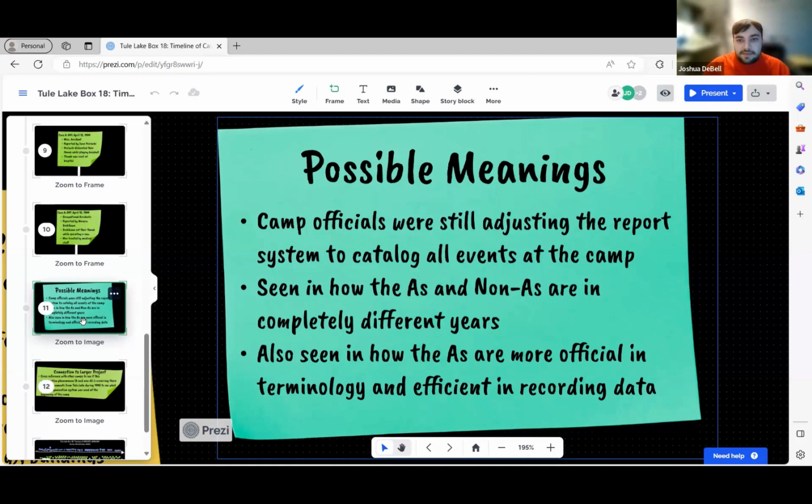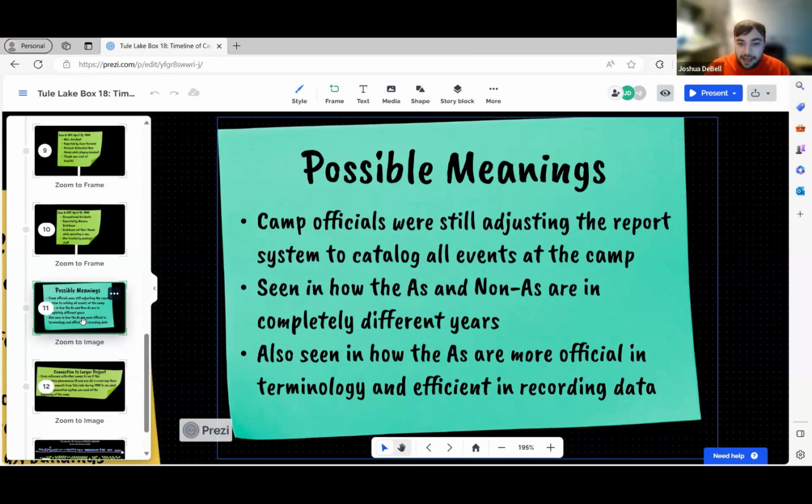We're thinking that this maybe indicates that throughout the creation and running of the camp, the camp officials and the WRA were still kind of adjusting the reporting system and how they would organize and catalog everything. So it seems that as a result, every year or every few months, they would try to readjust the system.